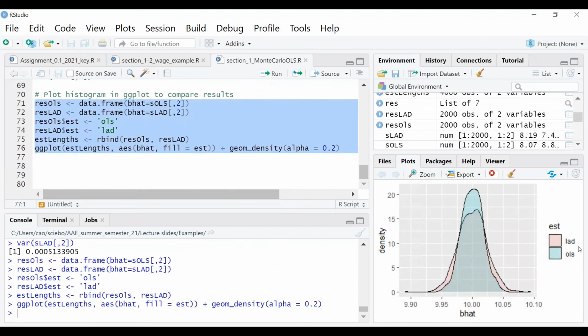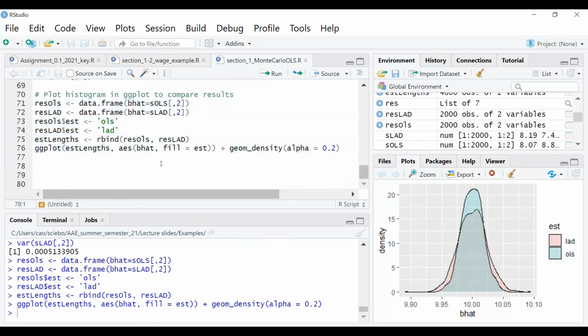So the green bluish one is for OLS, and the pinkish orangish plot is for the LAD. And you can see that the tail here for the pink part is fatter, meaning the likelihood that a specific sample ends up here at the edge, far away from the true parameter, is larger for the LAD.